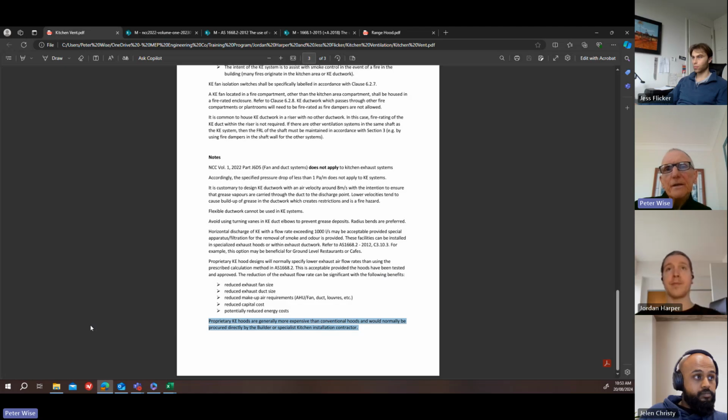And that's installation of the hood maybe by the kitchen contractor, but quite often by the mechanical contractor. So they'll deliver the hood to site, and the mechanical contractor will install it and then connect the exhaust and supply to it.